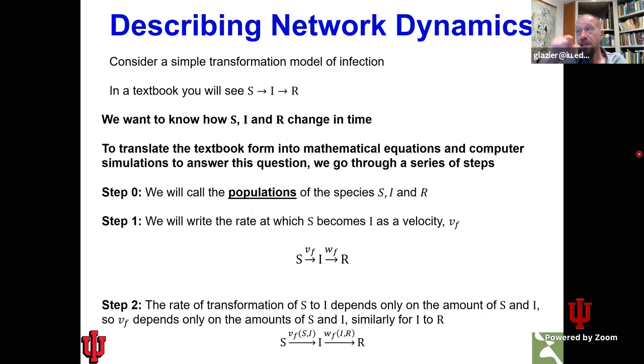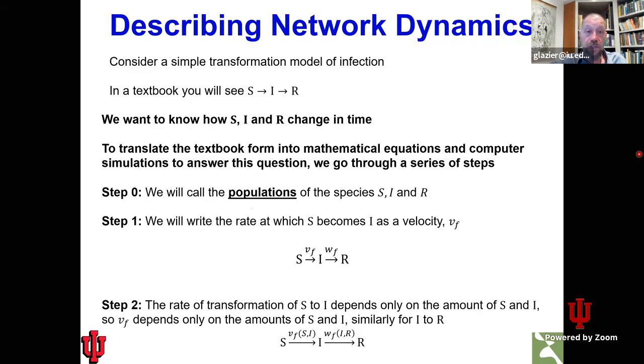If you have italic S, I, and R, that's the amounts. So italic S is the number of individuals of type S. Italic I is the number of individuals of type I. Italic R is the number of individuals of type R. And so the first thing we have to do is say we have these names. And now we're going to give numbers, the states of those nodes, which will be populations in this case.